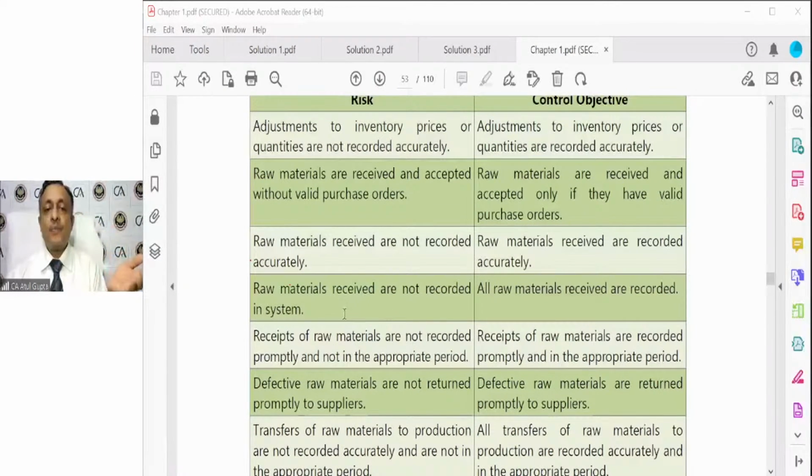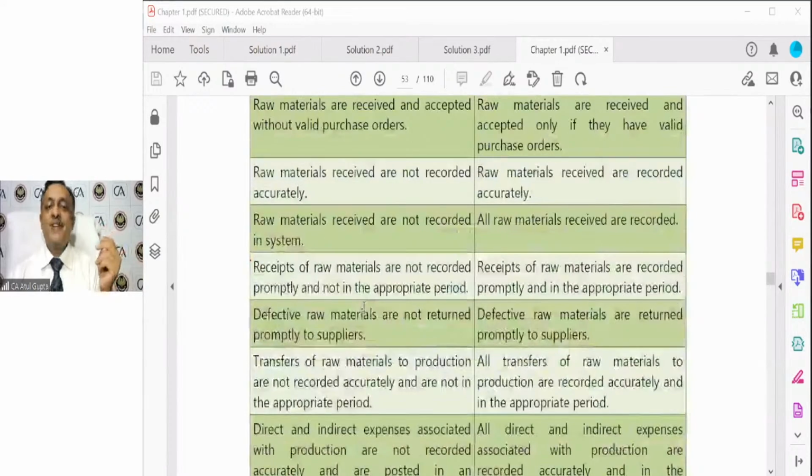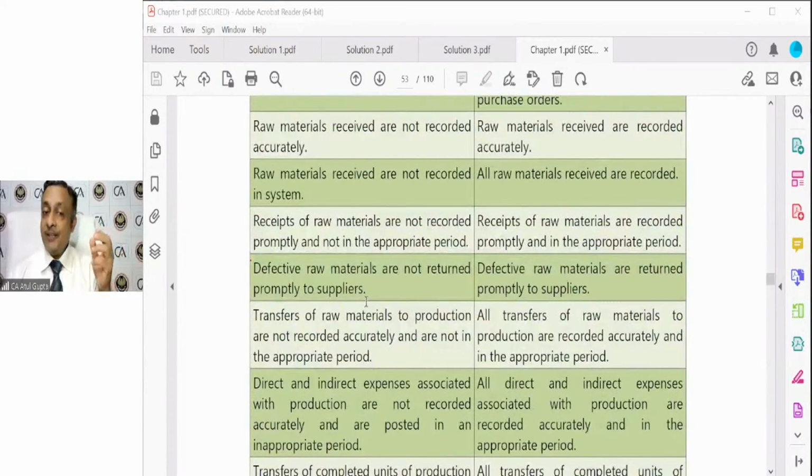Raw material received not recorded in system. Accurate recording and recording in system are two errors. Receipt of raw material is not recorded promptly. Defective raw material not returned promptly. If you have a defective raw material, debit notes have to be raised. They have to be raised promptly. So everything has to be linked. So you need to ensure each step of the transaction, whether the system is doing its job properly or not.